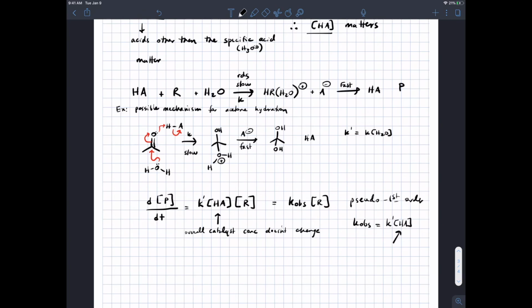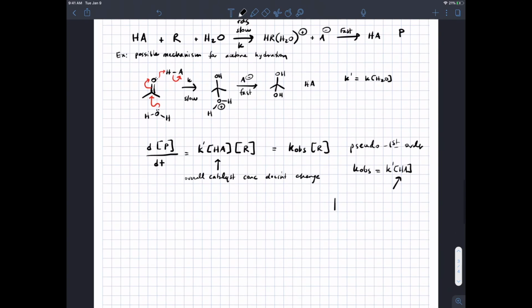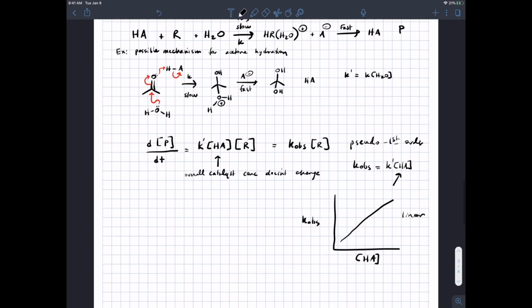Okay? So based on this, if you were to plot k obs versus the acid concentration, you would expect to see a linear plot with slope of 1. All right, questions so far?